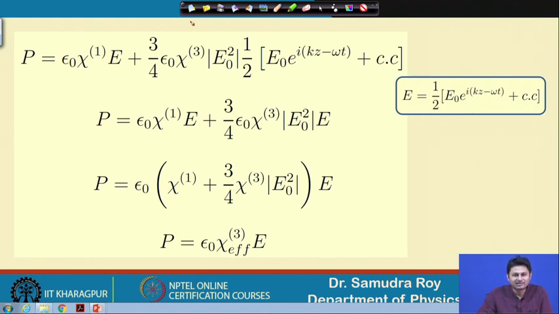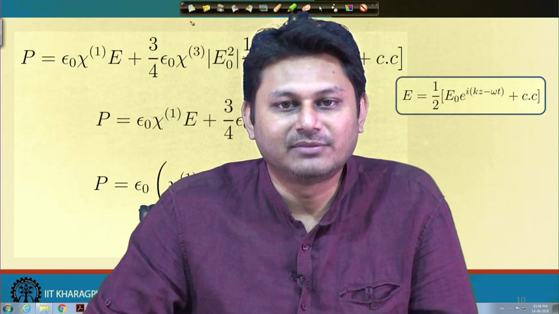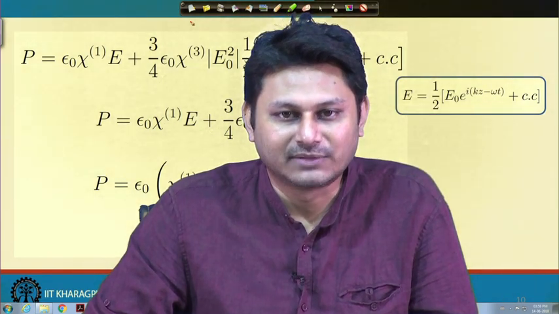So, in the next class we will start from here and try to find out what will be the effect of chi 3 on refractive index, and because of the change of refractive index, which is now a function of intensity, because I am launching some light from outside and it is going to mix with the system and change the corresponding refractive index. So, that means the refractive index is now a function of intensity.